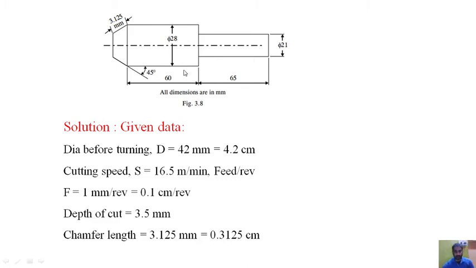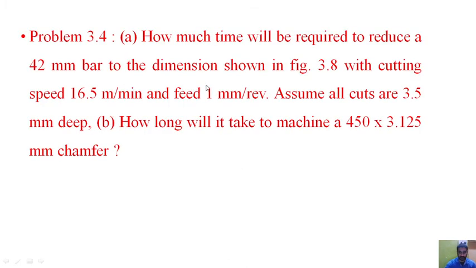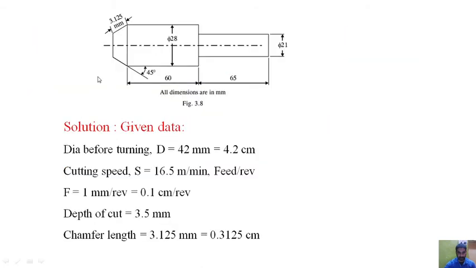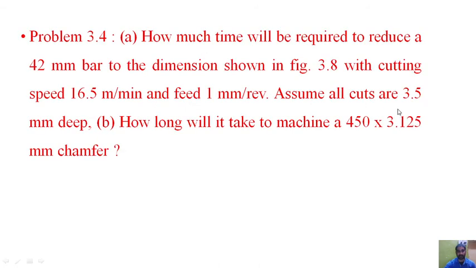So we have two operations here. The raw material given is a 42 mm bar. As discussed in the last problem, the 42 mm bar you have to make into this dimension, 21 and 28. Similarly you have a 3.5 mm deep cut here.